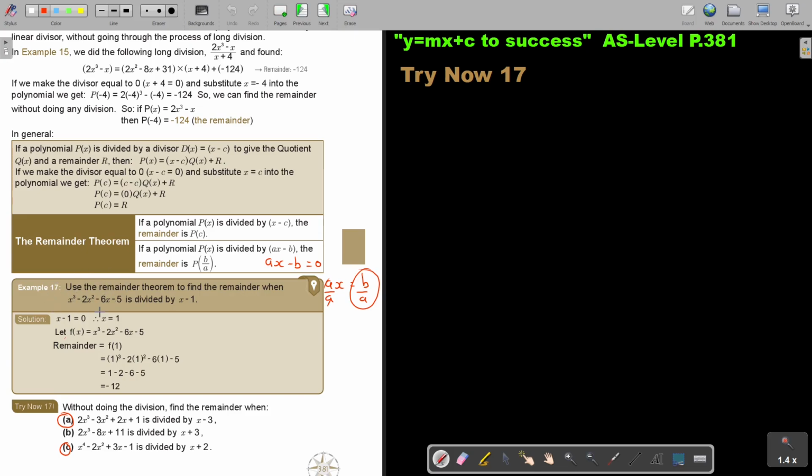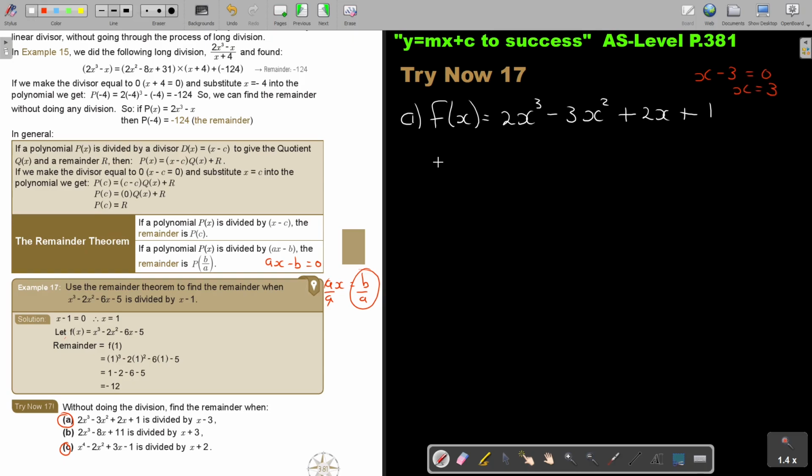Okay, so let's start with try now 17, number A. f(x) is equal to 2x^3 minus 3x squared plus 2x plus 1. It's x minus 3, so I put that equals 0, so x is equal to 3.